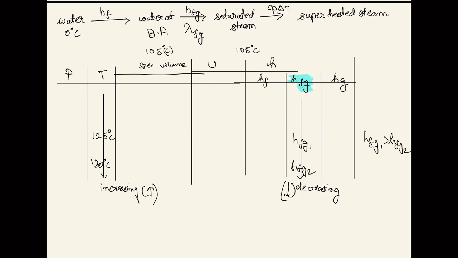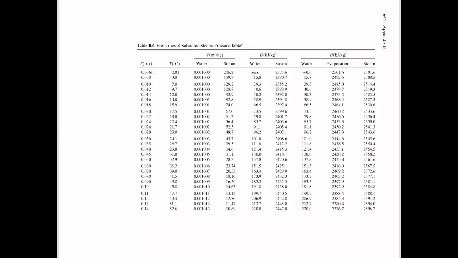I hope the point is very much clear to all, and we can now go back to our steam table and you can observe it. Here they have directly given you the values in the specific order that I had mentioned.